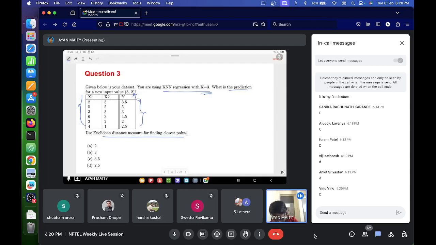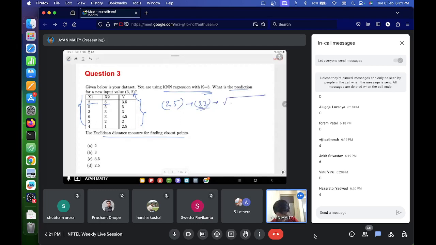The first point is 2 comma 5. You have to find out the distance between 2 comma 5 and 3 comma 2, where 3 comma 2 is our new point. To find out the Euclidean distance, simply like this: root over (2 minus 3) square plus (5 minus 2) whole square.